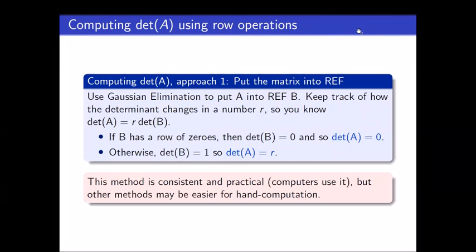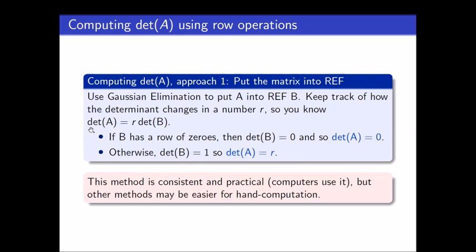Now, because any square matrix that is in row echelon form is also upper triangular, we can use Gaussian elimination to put the matrix into its equivalent row echelon form, let's say B. And while we do that, we keep track of how this determinant changes in a number.